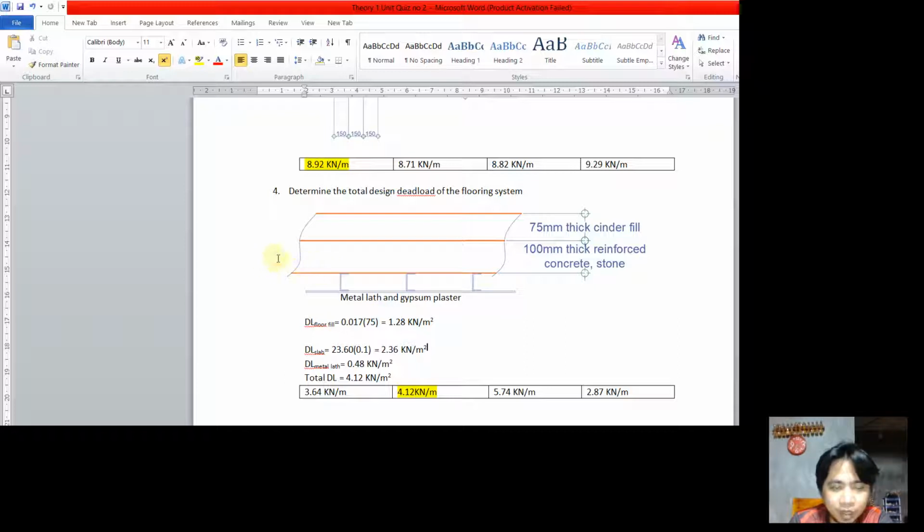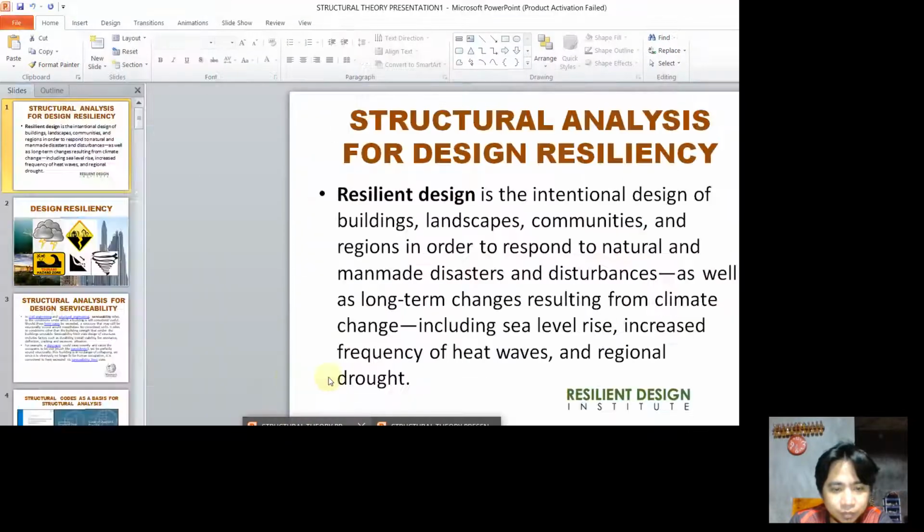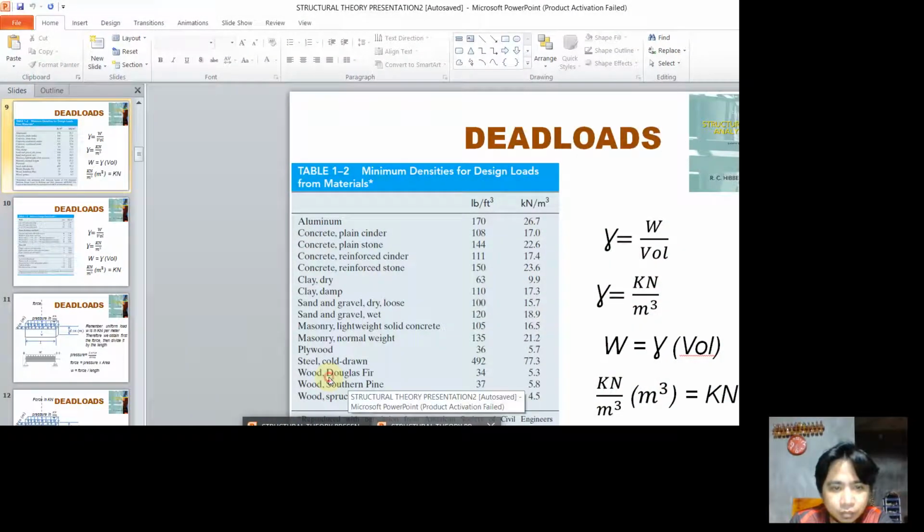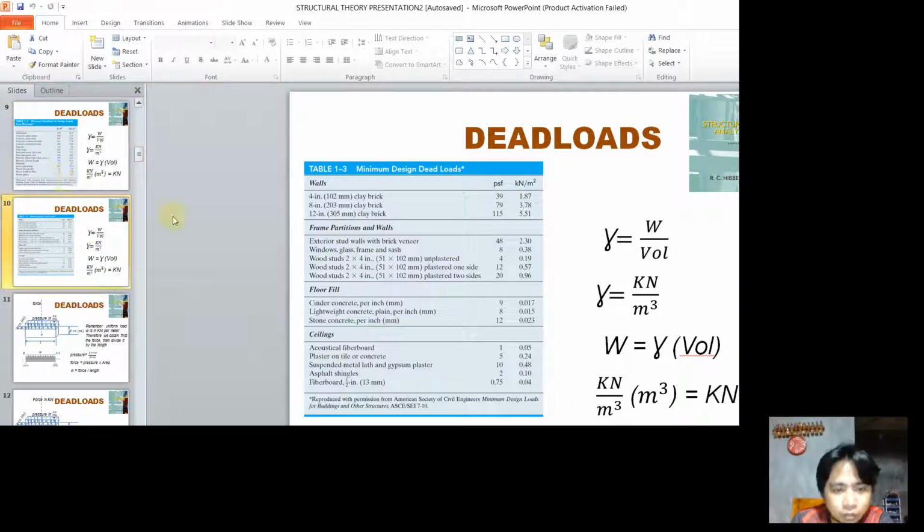So floor fill here came from the table of the dead load. So where's that metal lath? We have here 0.48 for that.